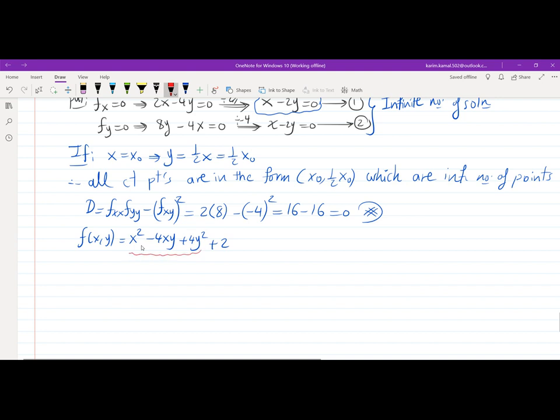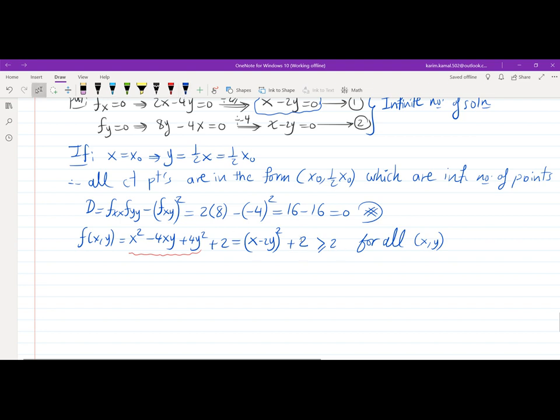It will give us (x minus 2y) all squared plus 2, which is always bigger than or equal to 2 for all x and y, since it is a squared number plus 2.